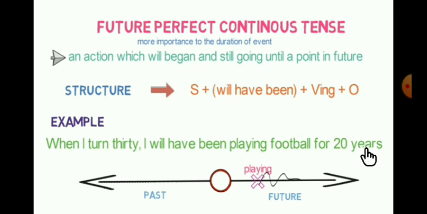Students, this sentence is the best example of this definition. Read the definition again: an action which will begin and still be going on until a point in the future. Which action begins here? The playing football action began somewhere in the future, according to the action timeline. When I turn 30, it means he is not 30 yet, so he is assuming that when he is 30 years old, he will have been playing football for 20 years.